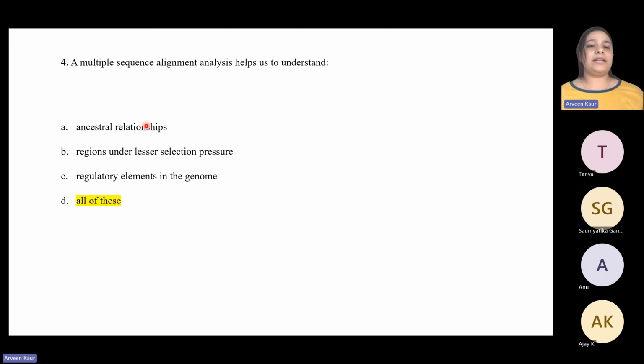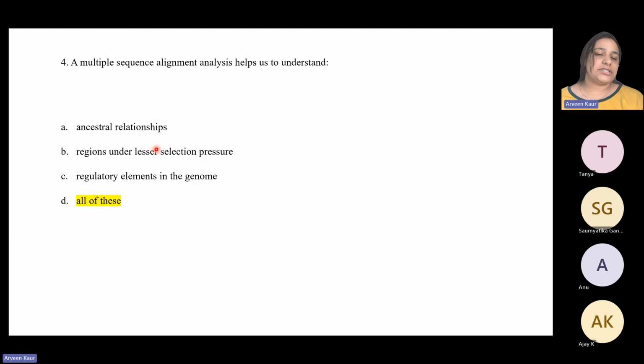For example, phylogenetic trees are built upon the data produced from multiple sequence alignments. We can also identify regions under lesser selection pressure. What does this mean? How will these regions be? Will they be conserved or will they not be conserved? The regions which are under lesser selection pressure.